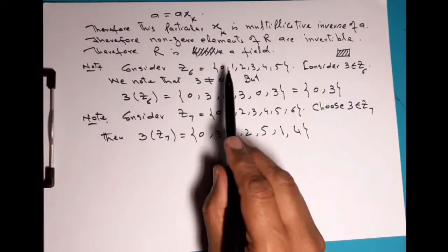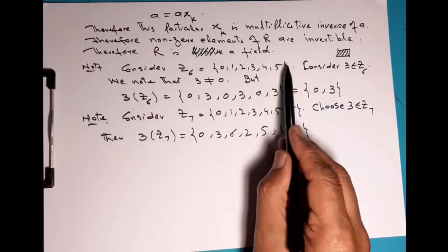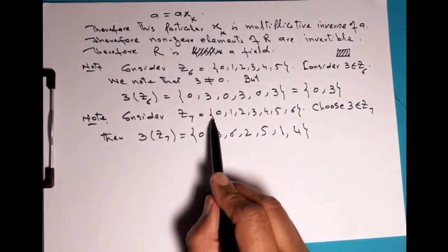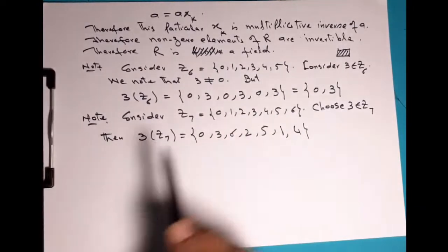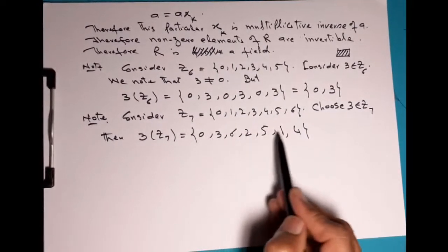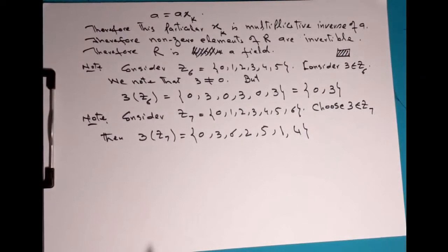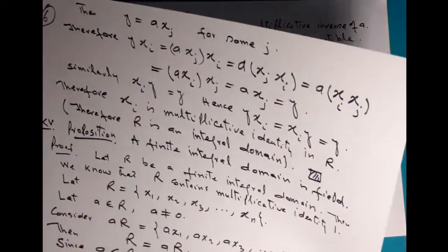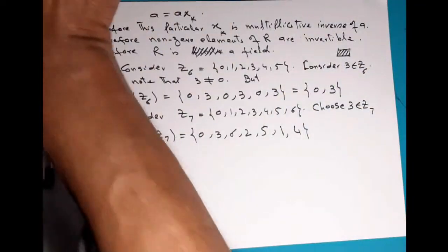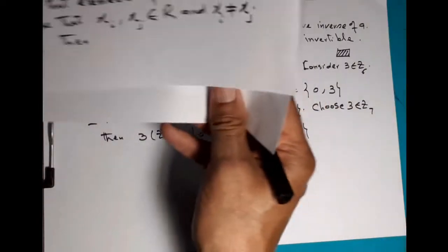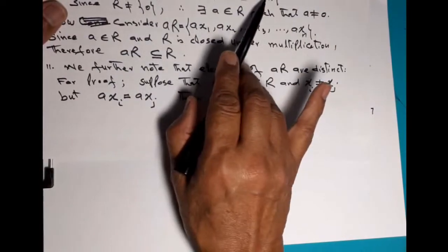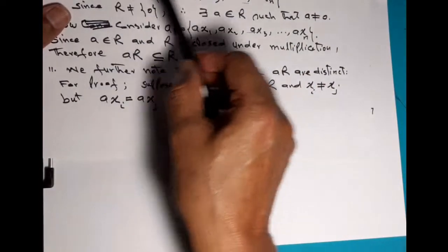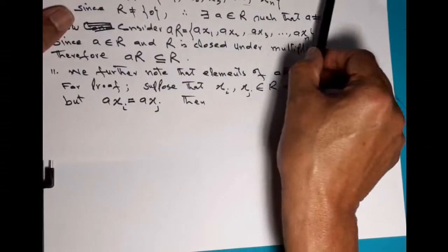The reason is Z6 is not an integral domain. Z7 is an integral domain. Z6 contains zero divisors. Z7 does not contain zero divisors. This was the reasoning I was telling you at this particular step, when I was saying that let R be finite, x1, x2, x3, so on up to xn, and R has no zero divisors.